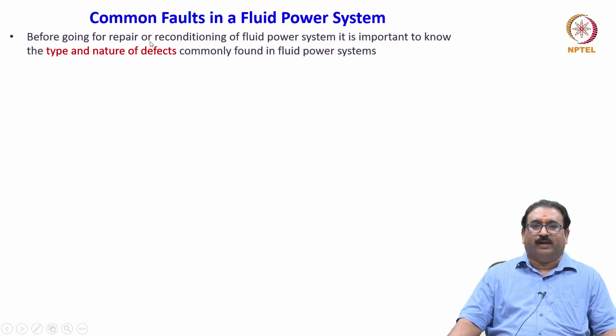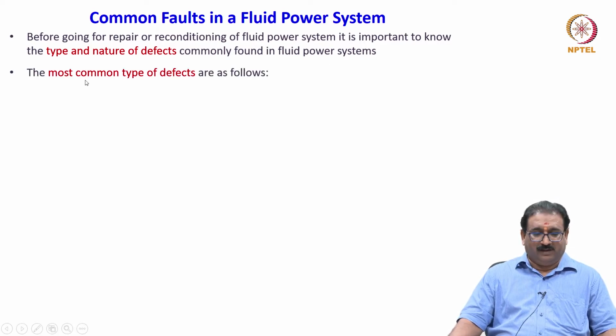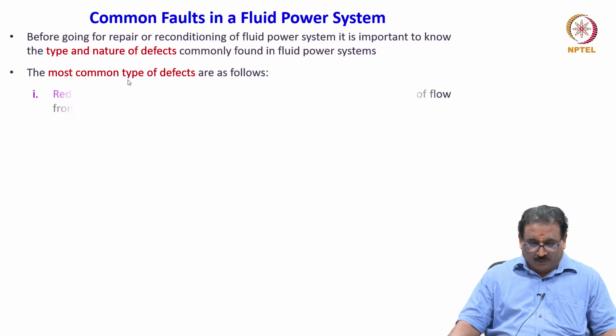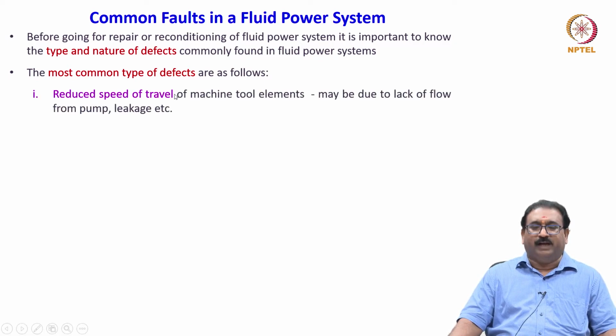Before going for repair or reconditioning of a fluid power system, it is important to know the type and nature of defects commonly found in fluid power systems. The most common defects you come across are as follows: reduced speed of travel of the machine tool elements.